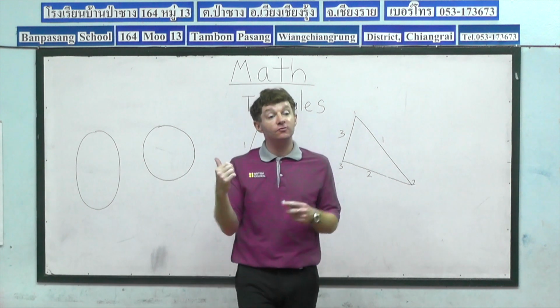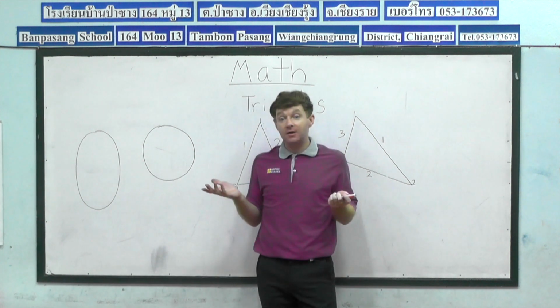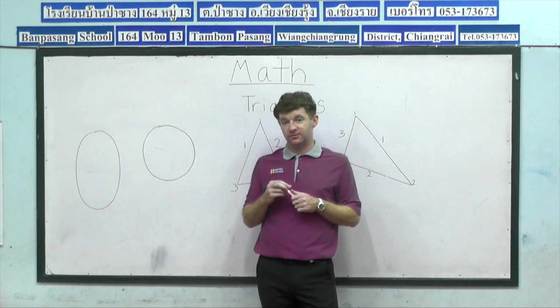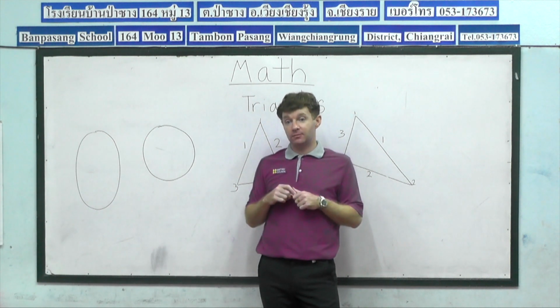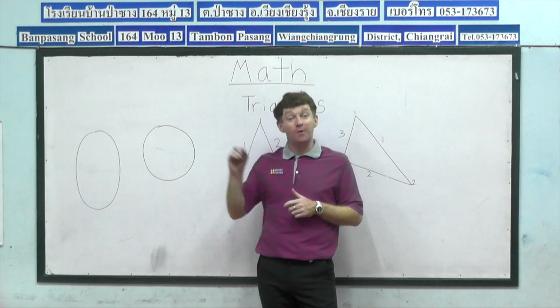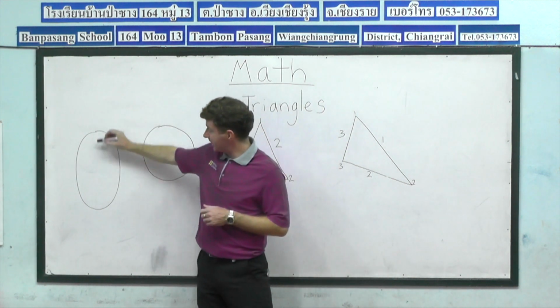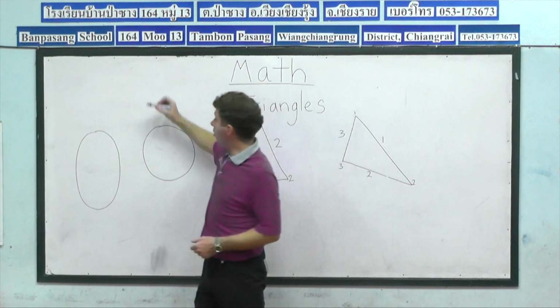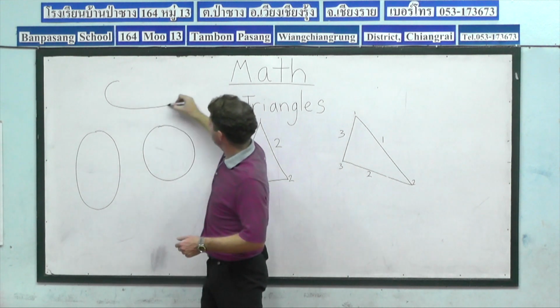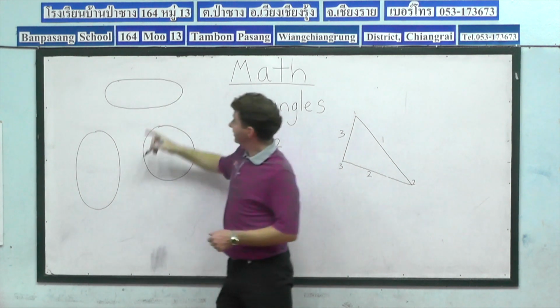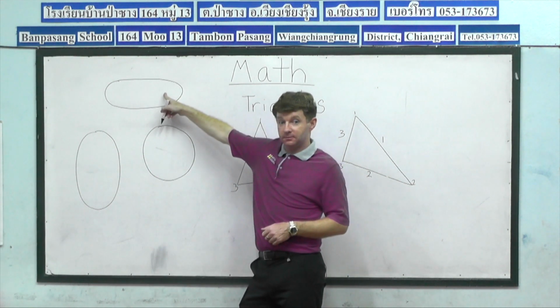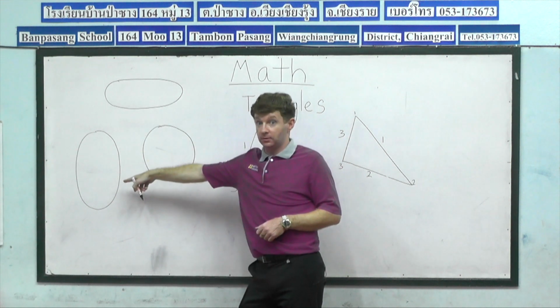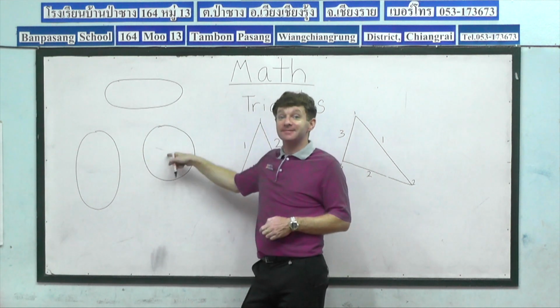How many corners or angles? 0 angles, 0 corners. Is it perfectly round? No. That's why we call it an oval, because it can either be longer or wider. This is an oval, but this is a circle.